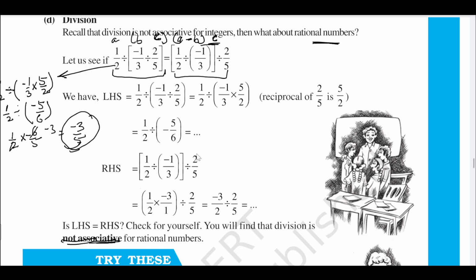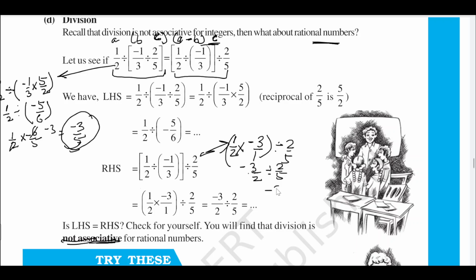For the RHS side, what will be our result? This one is the RHS. It is written here. So 1 by 2, first we will solve the term inside bracket, into minus 3 by 1. Okay. So divided by 2 by 5. That is minus 3 by 2 divided by 2 by 5.